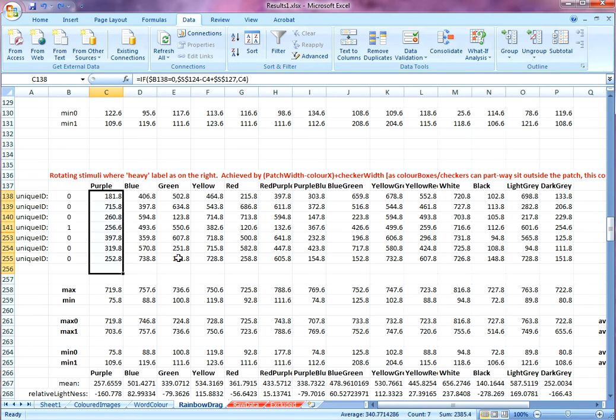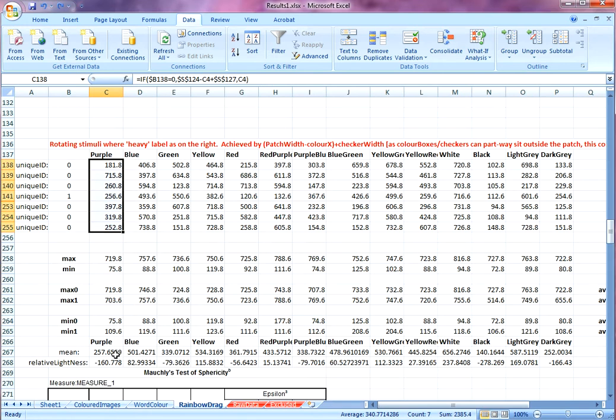What we can find is that we take an average of all of these values, and then we get an average weight of that particular colour. So here are the averages for the colours.